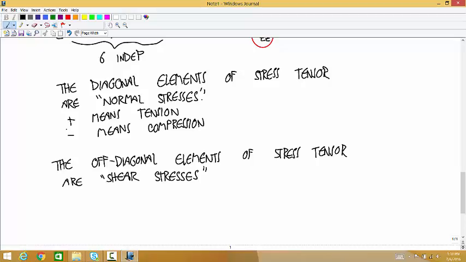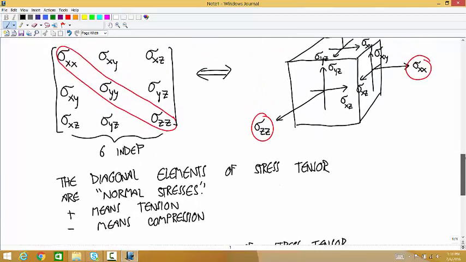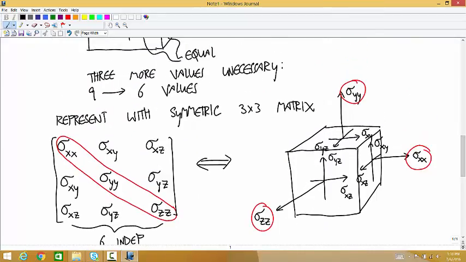The positive and negative don't really have a qualitative meaning the way they do for normal stresses. It's just directions. But all the ones that aren't circled in red here are shear stresses.